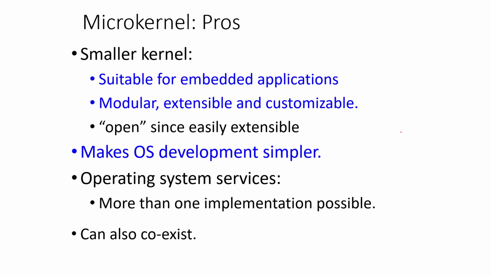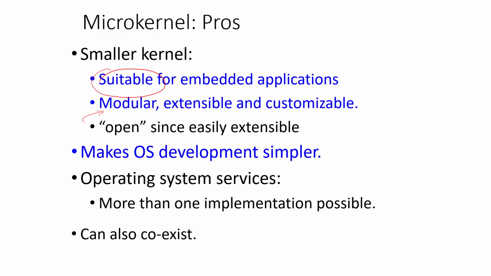So the pros of a microkernel based approach is it's a smaller kernel which is suitable for embedded applications, mainly because of its small size. I'm not saying that embedded applications need a very high degree of flexibility. But again, because of the small size, this microkernel based approach is quite suitable.